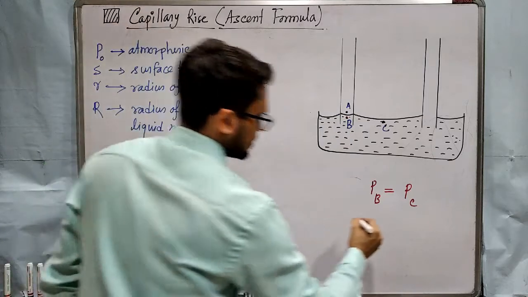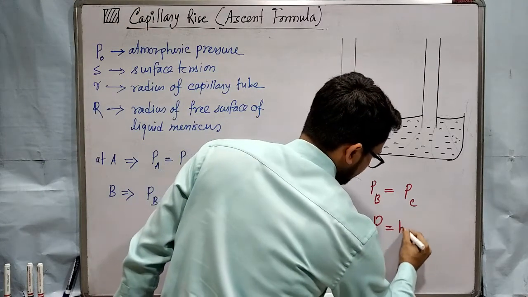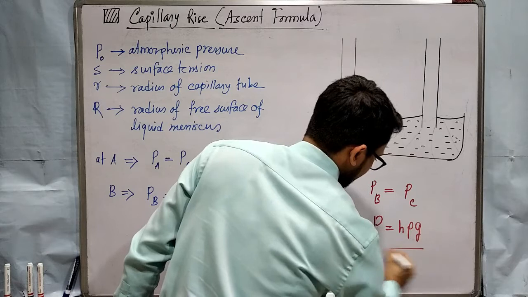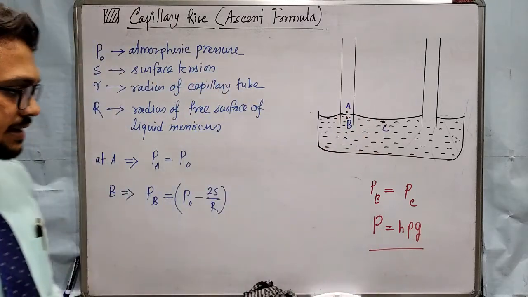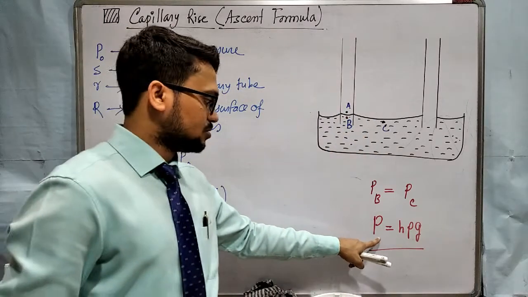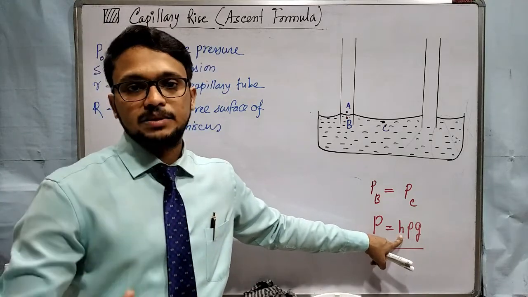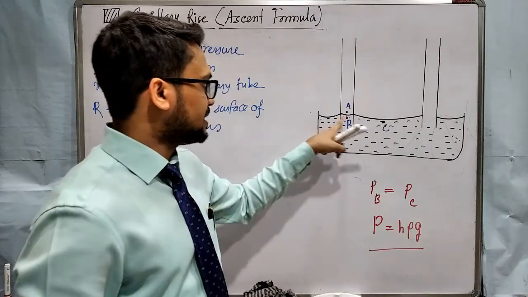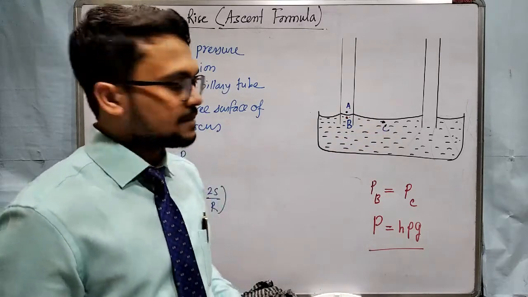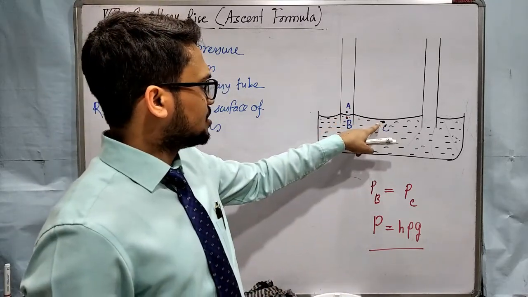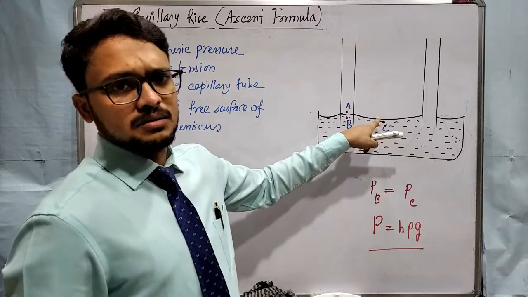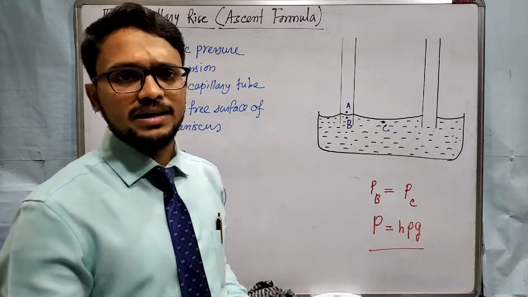Because we know the formula pressure equals h rho g, which you have read in class 9, right? Pressure due to a liquid column is h rho g, where h is the depth from the free surface. B and C are at the same depth, and almost just below the free surface of the liquid, so the pressure will be atmospheric pressure.